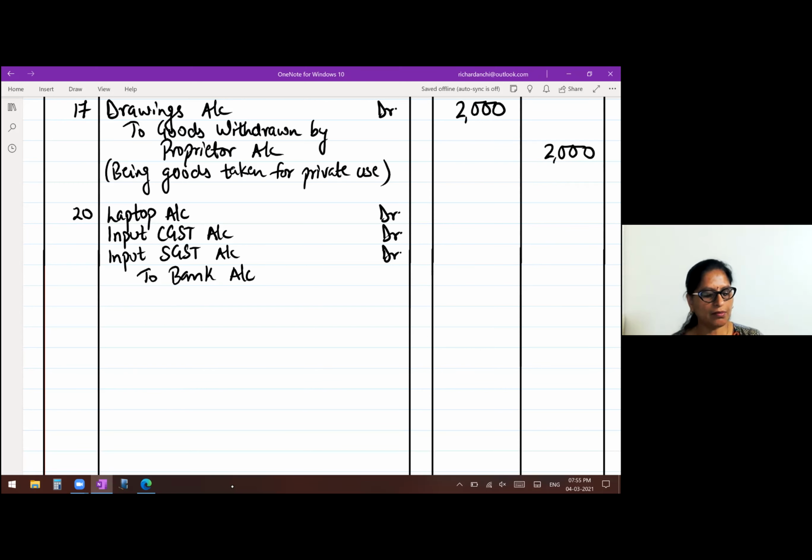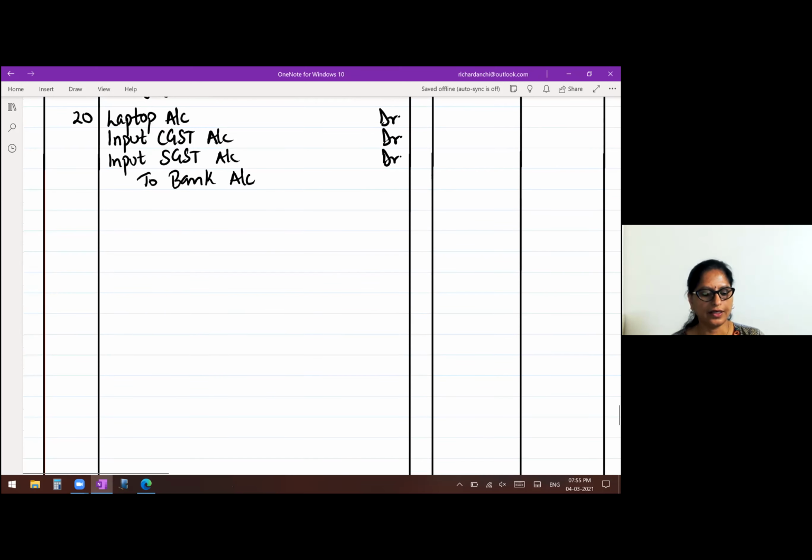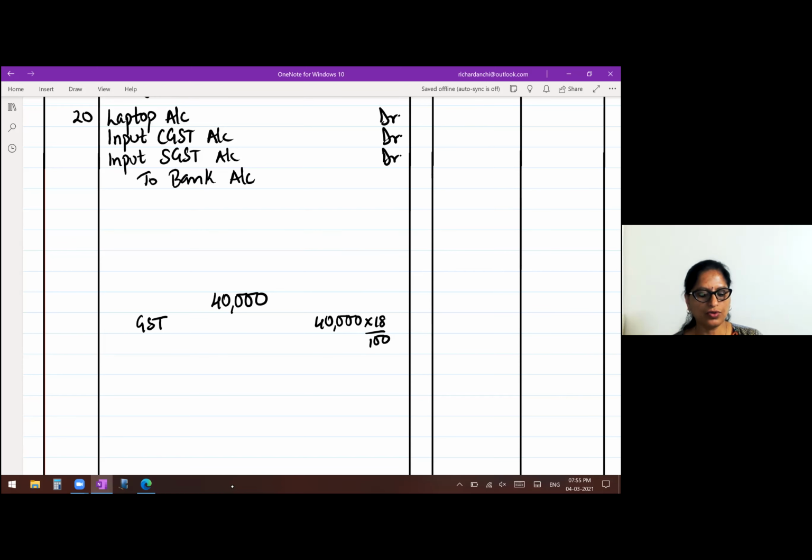Now calculate the amount. It's 40,000 is the amount of the laptop. 18% is GST. So 18% is 7,200. Now split that 7,200 into CGST, SGST, so that comes to 3,600 each.